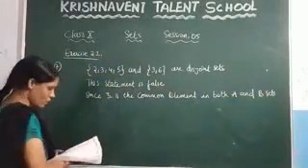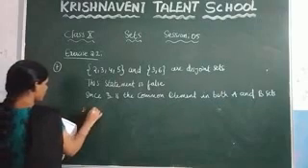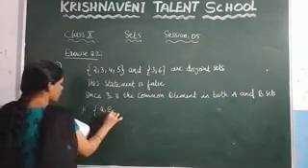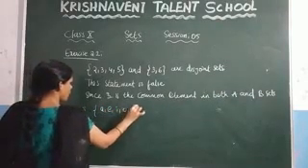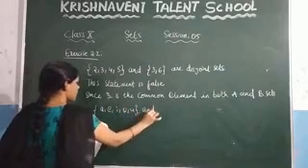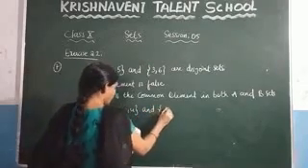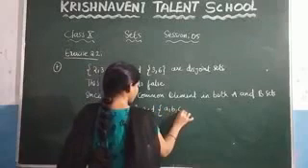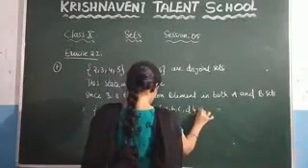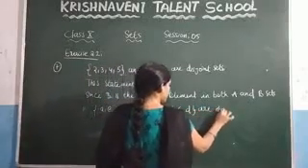Now see the second question. In that they have given the set A, E, I, O, U, and the second set is given as A, B, C, D. And they said that these are disjoint sets.